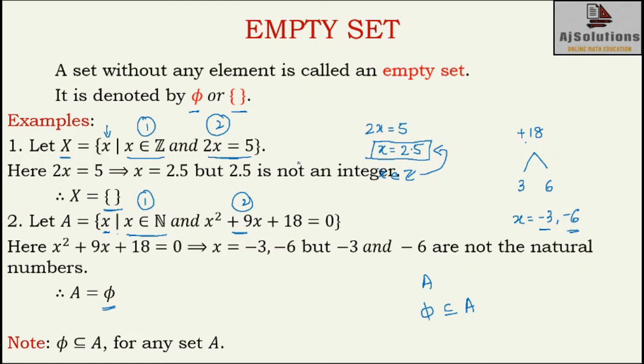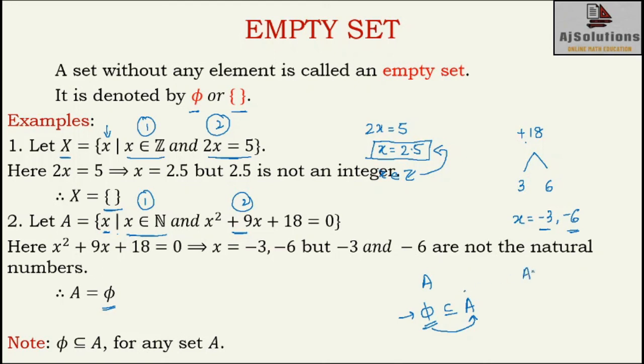The definition of subset says whatever members are there in this have to be present in this. But what are the members inside this phi? There are no members. If there are no members, we need not check whether they are present over here or not.